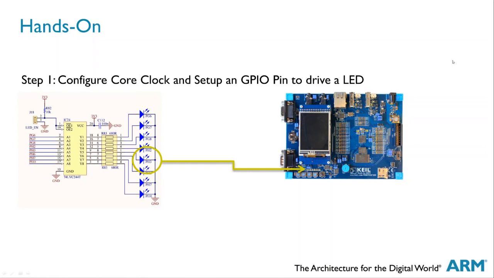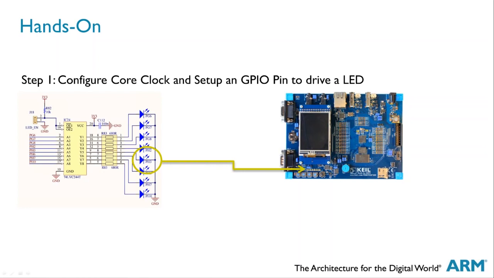And in the first step, I'd like to create a new project, configure the core clock and set up a GPIO pin on which my board has an LED connected, and that's the port H3. And we're going to configure that as an output and see how the workflow basically is.